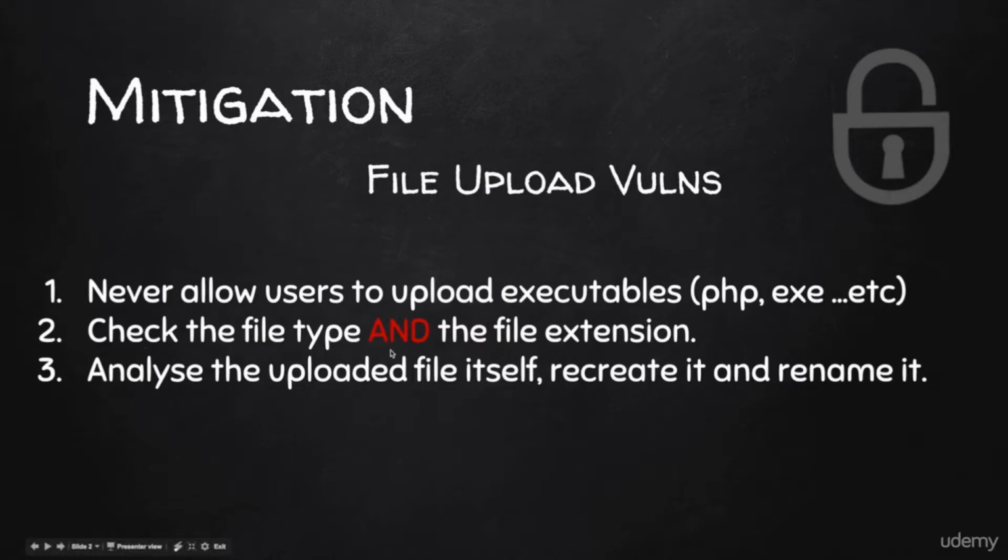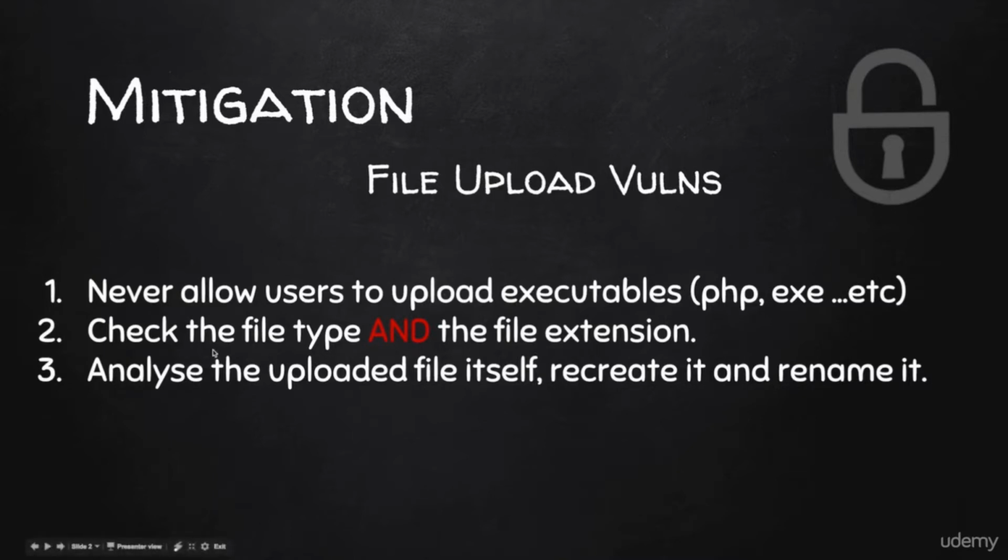And at the high security level, they were checking for the extension only. So what you want to do really is never allow executables. Make sure the uploaded file is what you're expecting. So if you're uploading an image, make sure that the file type is an image and the extension is an image extension. So it's a JPEG or a PNG or any other image type only.